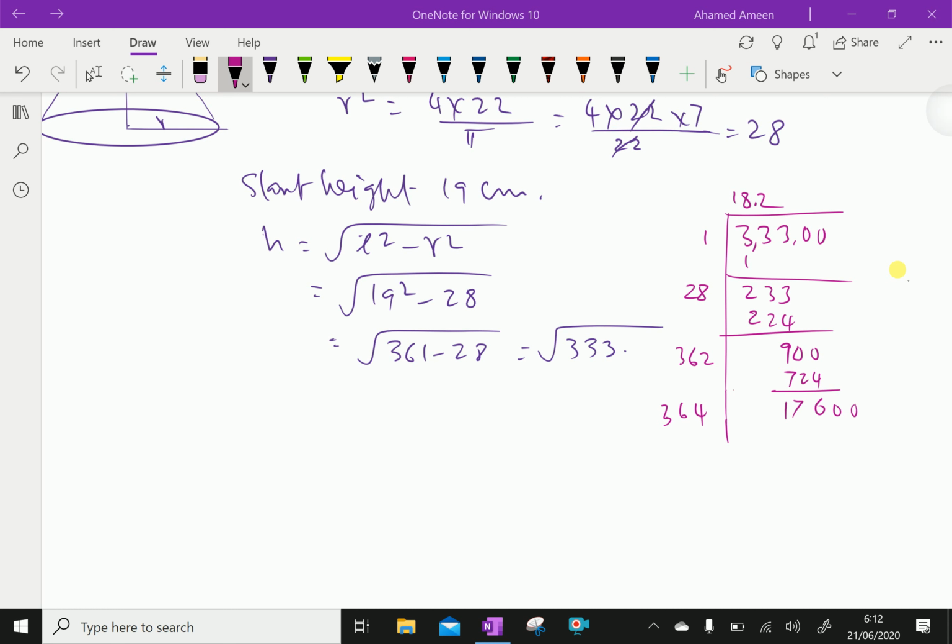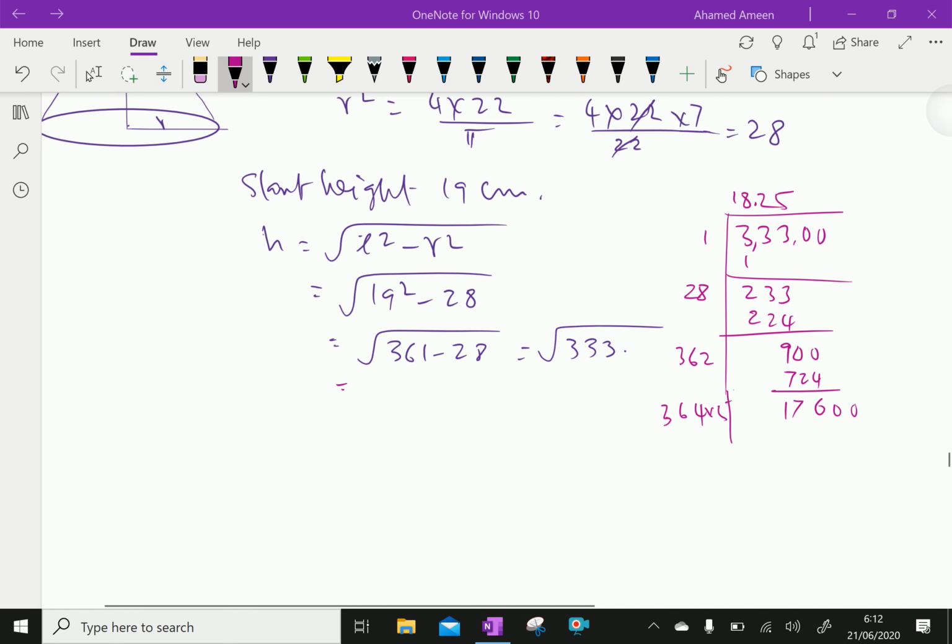364. If you multiply by 2, and here if you put 5, 364 into 5 is nearer to and smaller than 17,600, so we can put 5 here.